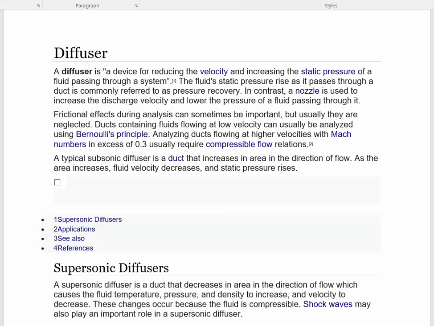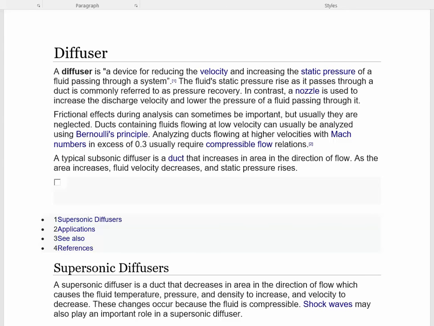A typical subsonic diffuser is a duct that increases in area in the direction of flow. As the area increases, fluid velocity decreases and static pressure rises.